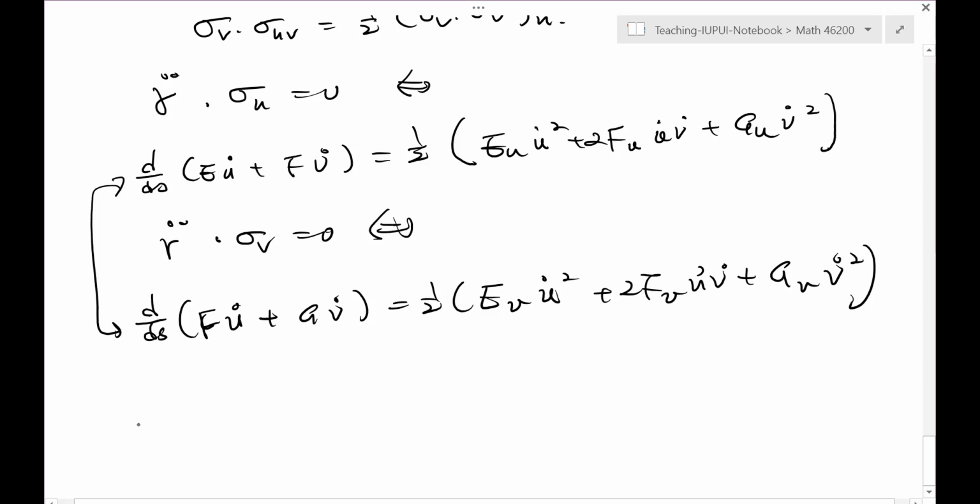You can use the matrix notation. This is E, F, G, u dot, v dot, that is going to be half of that.